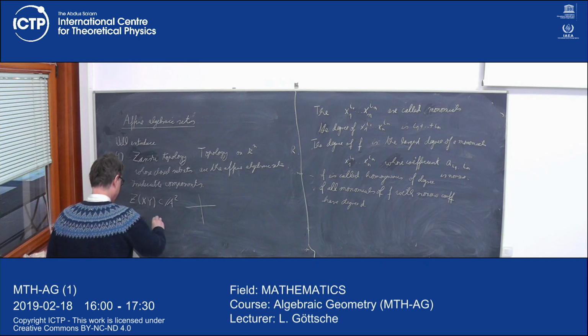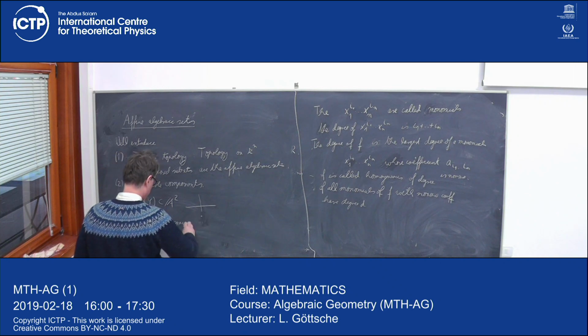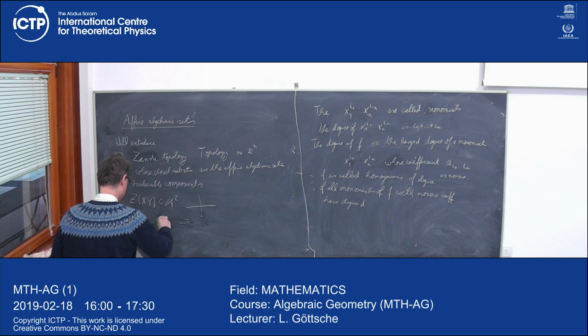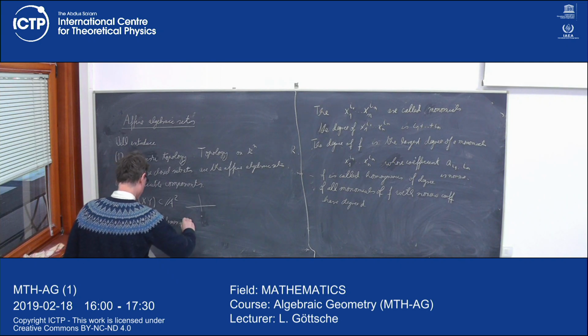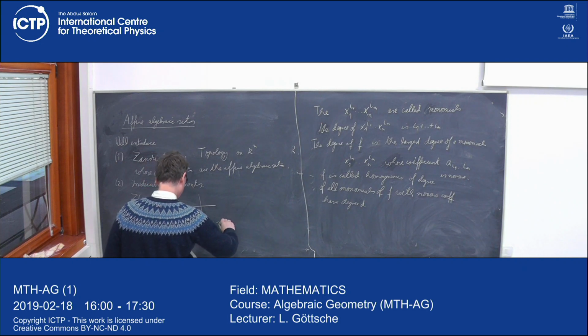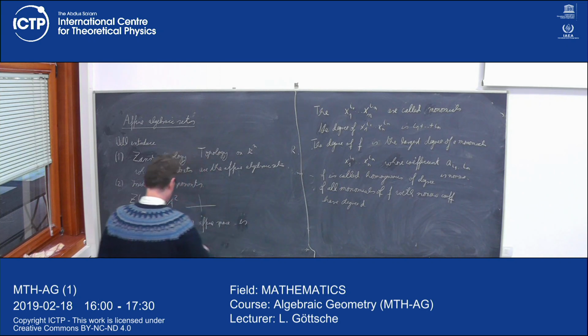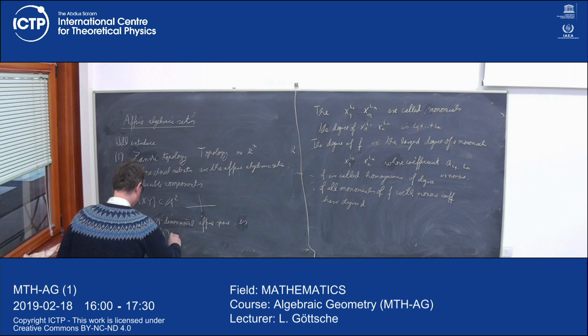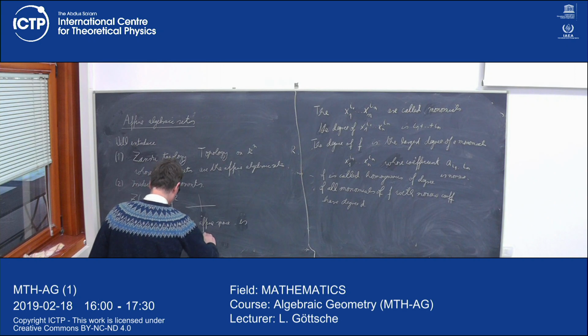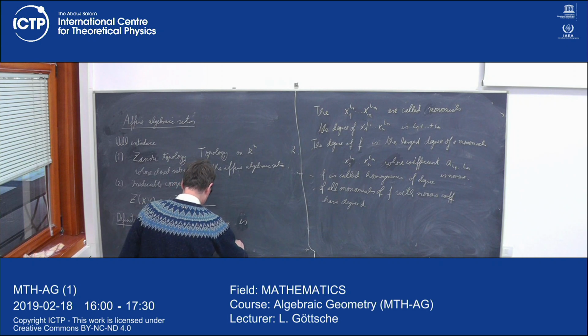Affine space, or n-dimensional affine space, denoted A^n, is just k^n, which is the set of all (a1,...,an) with a_i elements in k.